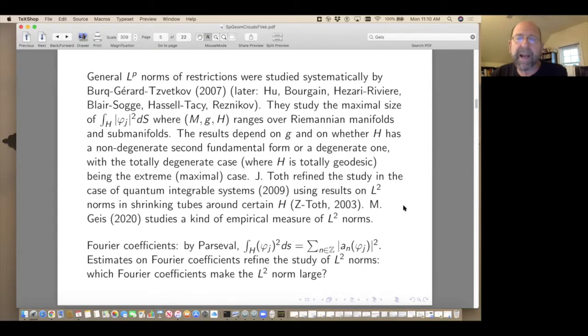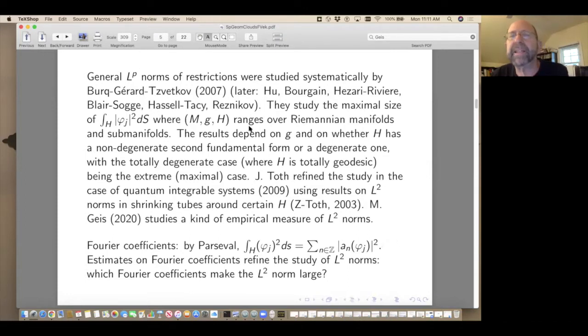As far as L2 norms go, the L2 norm is the sum of the squares of these Fourier coefficients. Consequently, when we study the Fourier coefficients, we are refining the study of restricted L2 norms, and we're trying to understand which of the Fourier coefficients is causing the L2 norm to be large.